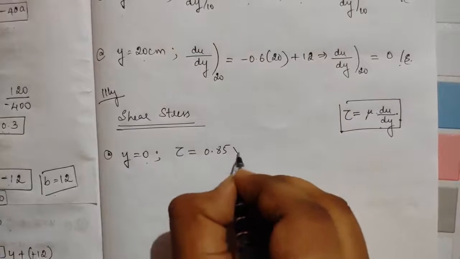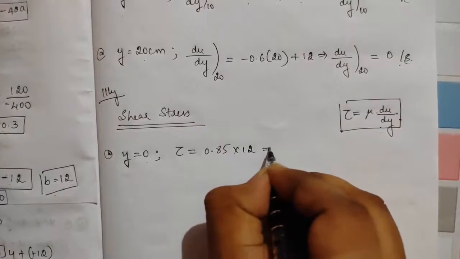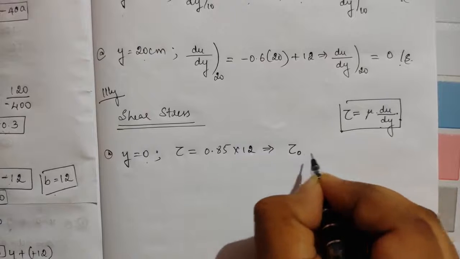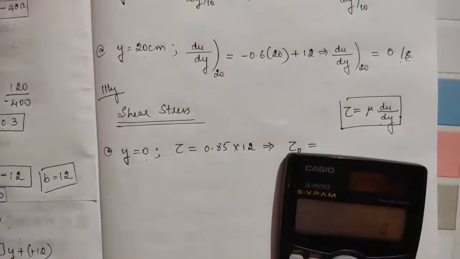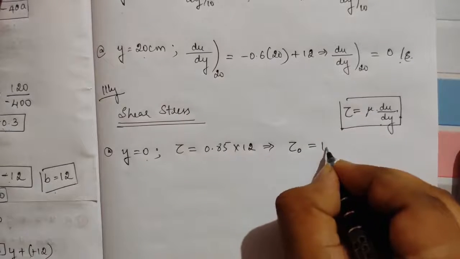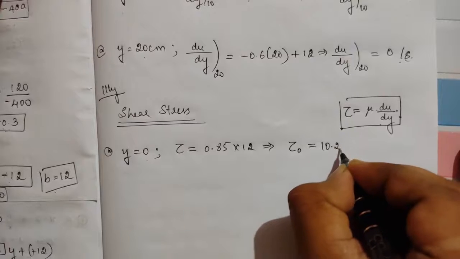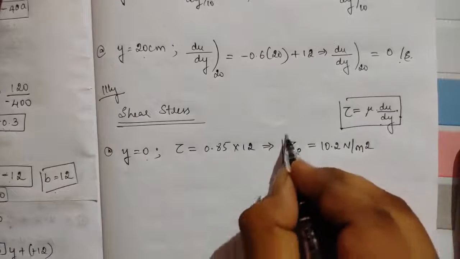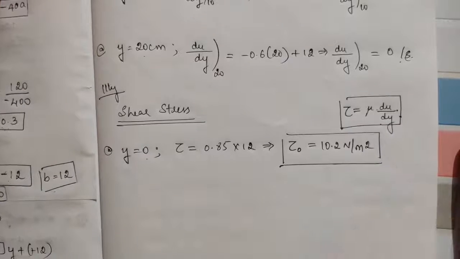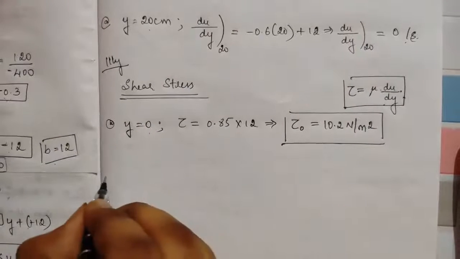So tau at 0 is equal to 12 into 0.85, which is 10.2 Newton per meter square. So we got the shear stress.